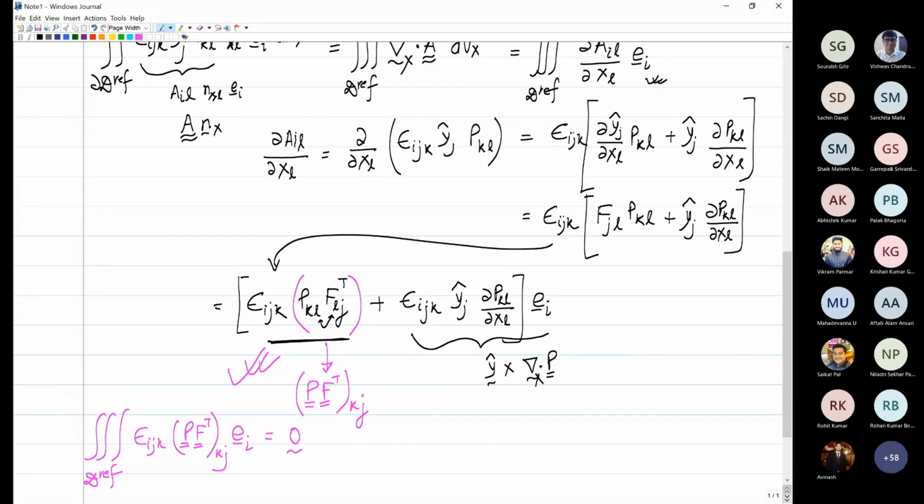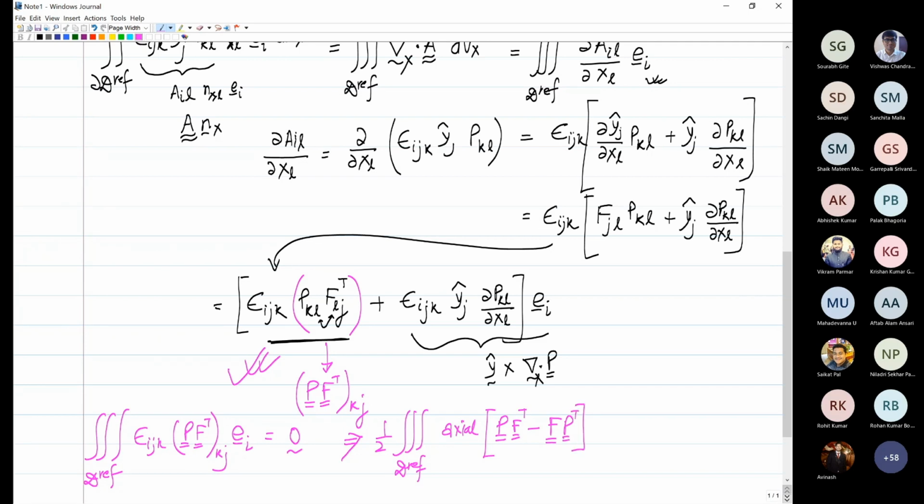And I told you yesterday, when you do that exercise, this is same as integral over omega ref, and you say axial vector and half also there, half of axial of PF transpose minus its transpose, which is FP transpose.